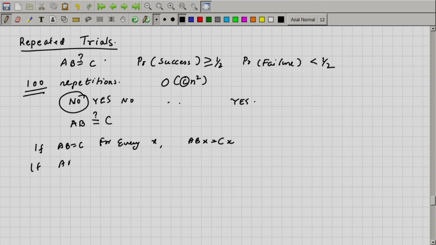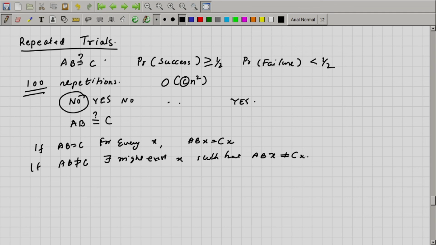If AB is not equal to C, there might exist x such that ABx is not equal to Cx.